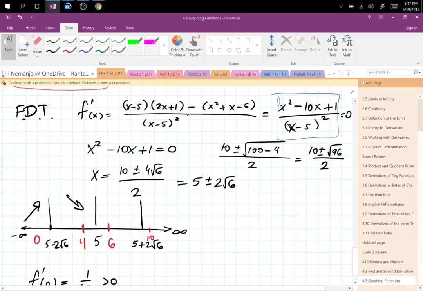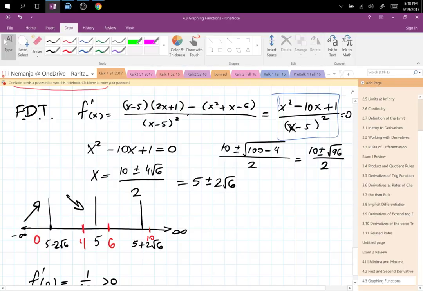So 4 squared is 16. 16 minus 40. I know what it is, but I don't need to calculate anything else, because plus 1 is not going to change that to a positive number. And I have a square in the denominator, which is making sure that the denominator is always positive. So you have the negative divided by positive.